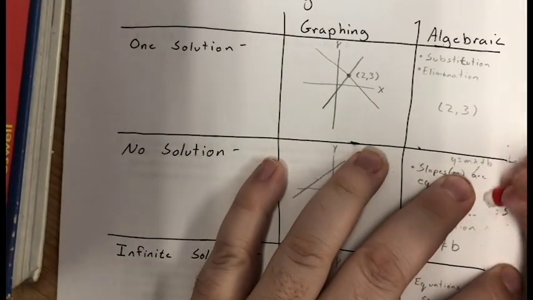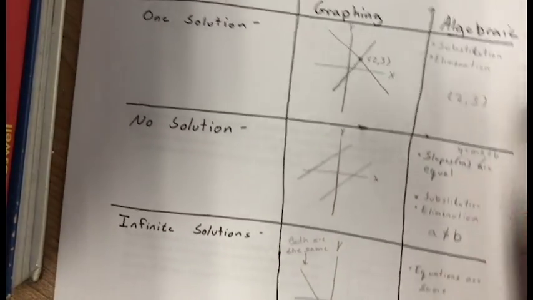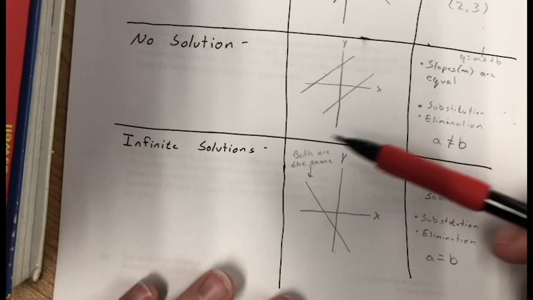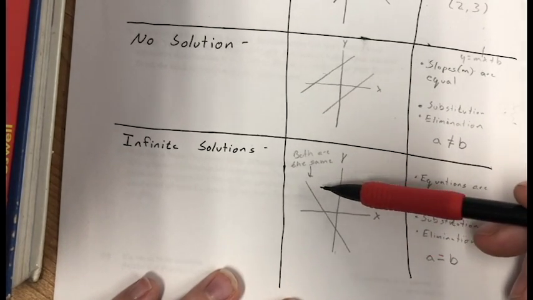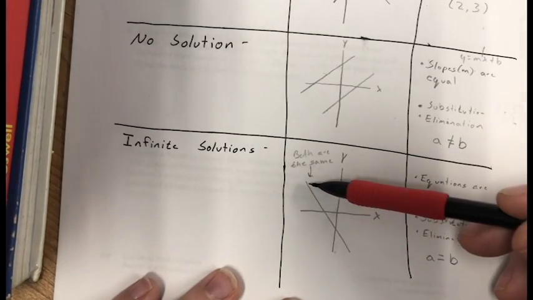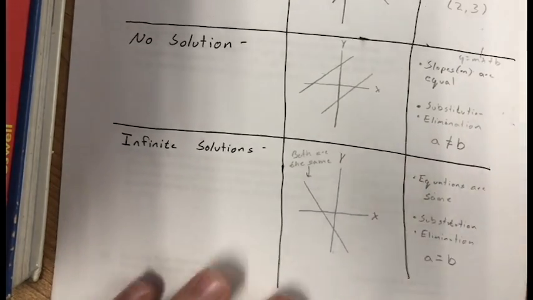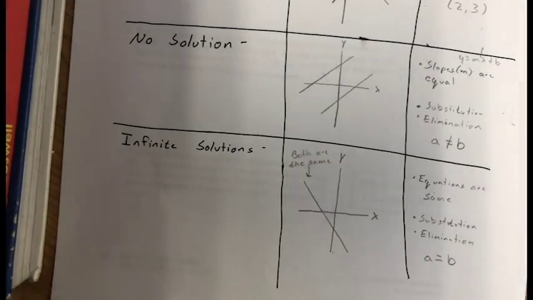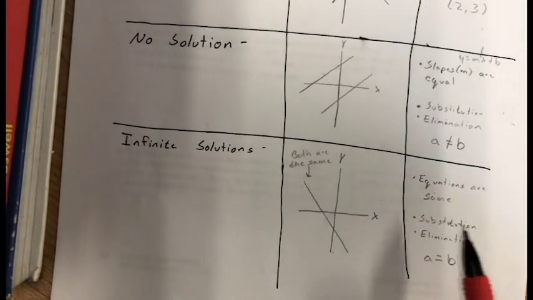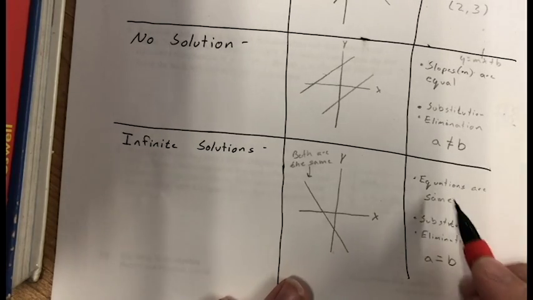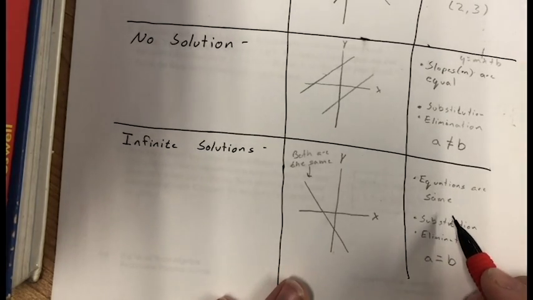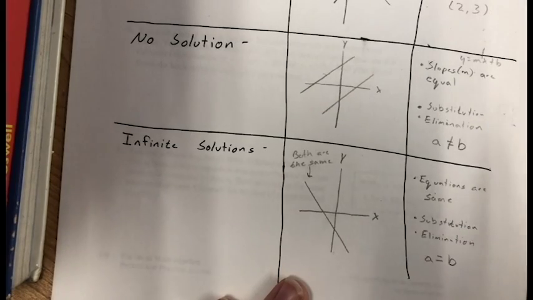All right? Now, infinite solutions. When you go to graph the two equations, you're going to find out one simple thing. They're the same line. Both equations are right here. They're literally the same thing, which goes back to the algebraic part of things. If you notice right off the bat that the equations are exactly the same, then your answer is infinite solutions.